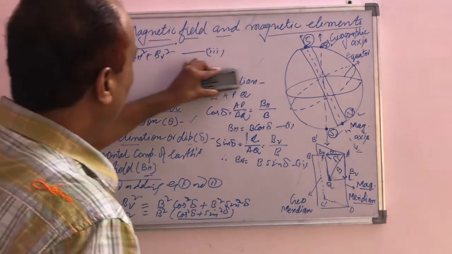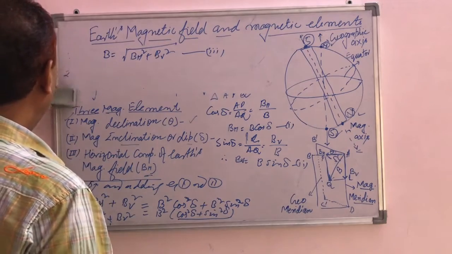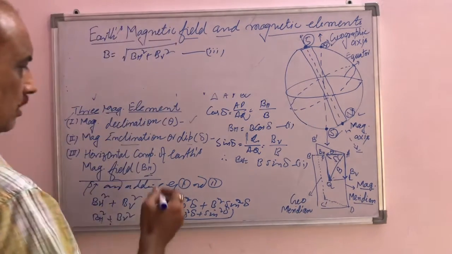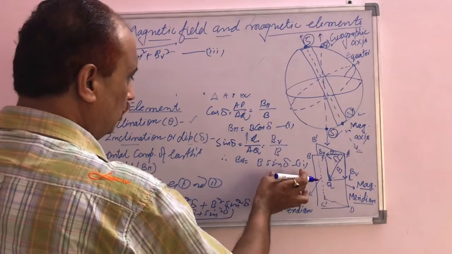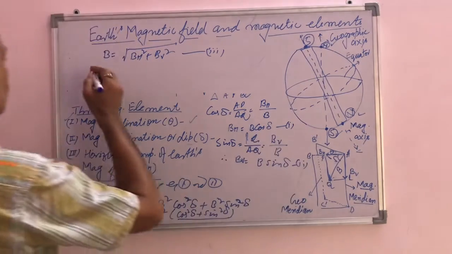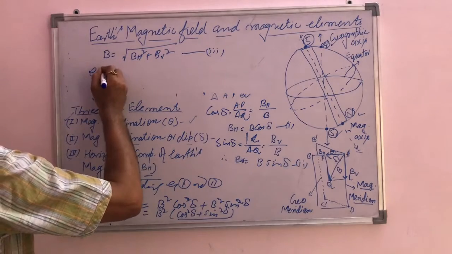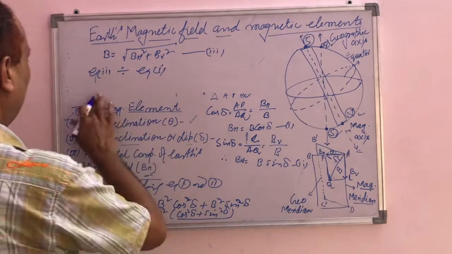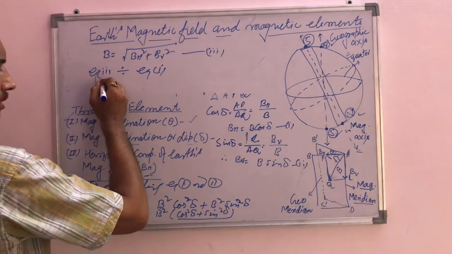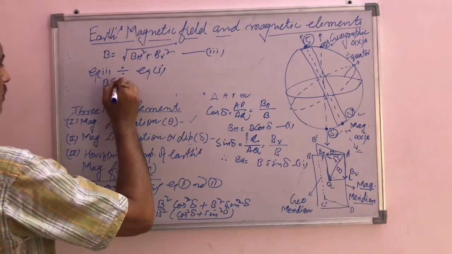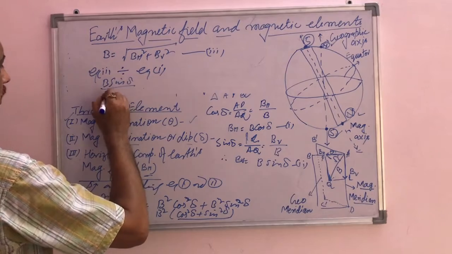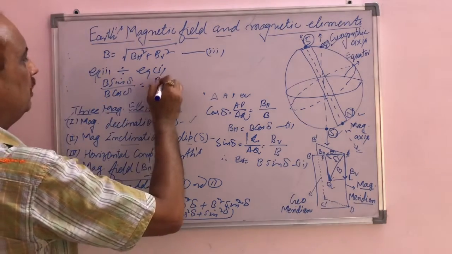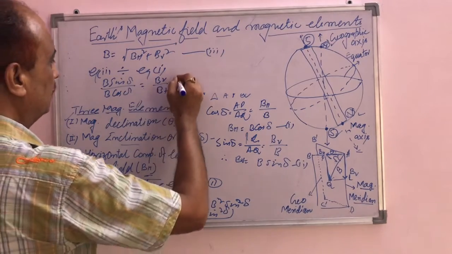Similarly, we can find the angle delta in terms of tangent. We divide equation 2 by equation 1. So B sin delta divided by B cos delta is equal to BV upon BH.